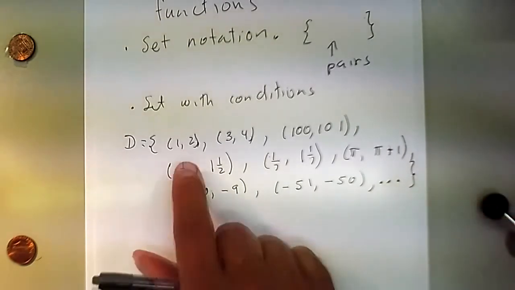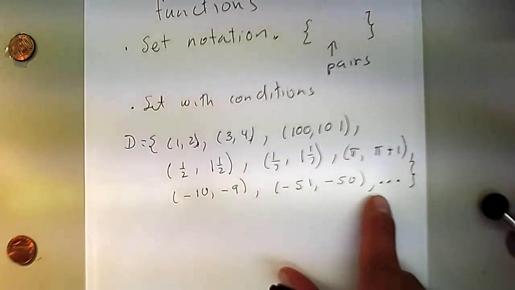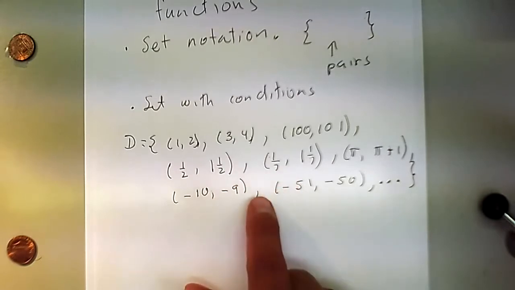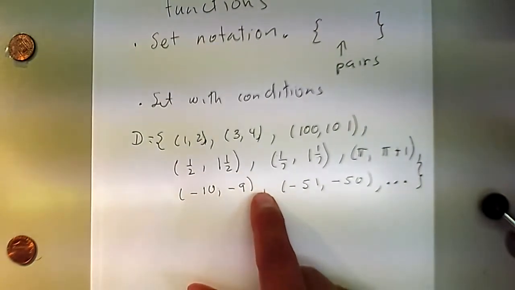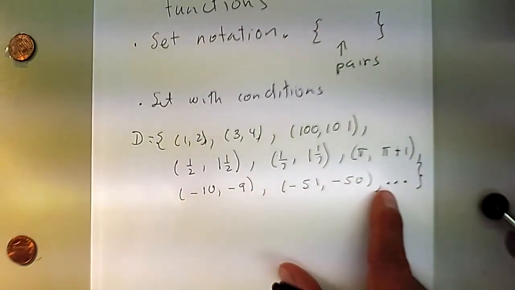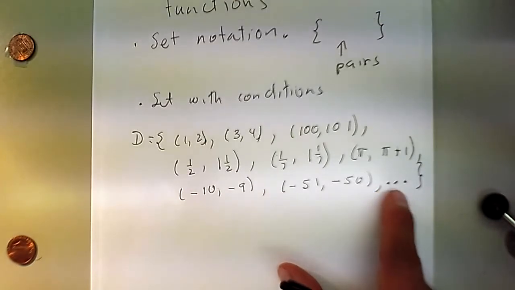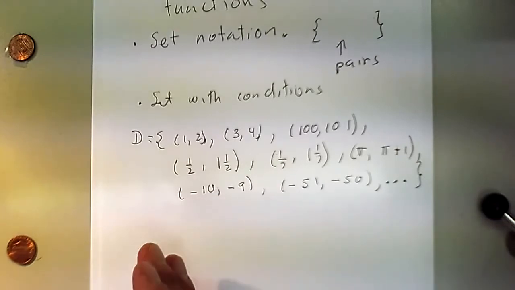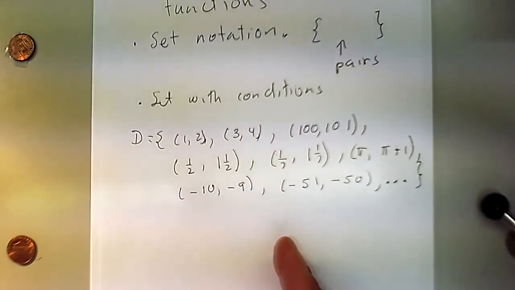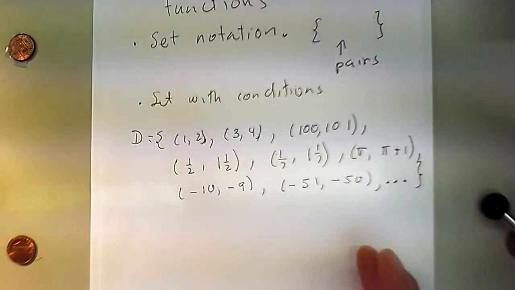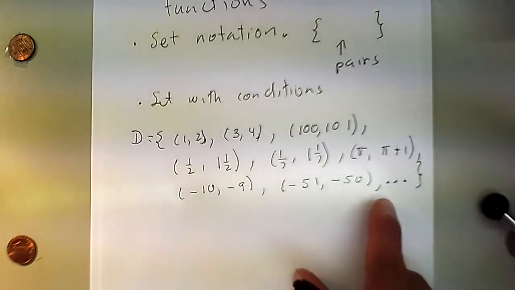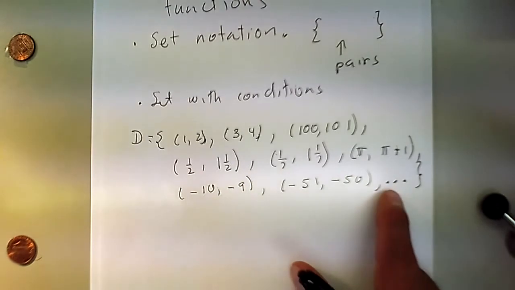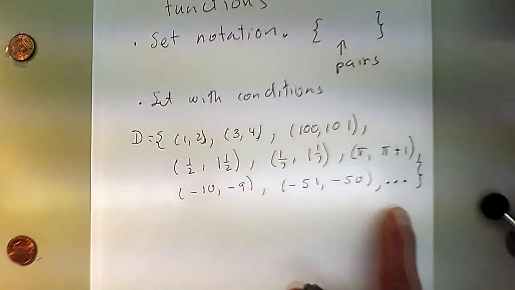But really, this notation is incorrect. We do have a sort of pattern if we can pick it up. Usually when we have an ellipsis, that means we have a pattern that can be continued one element after another, but we cannot really have a list, even an infinite list, of all the real numbers. So this notation is actually incorrect.